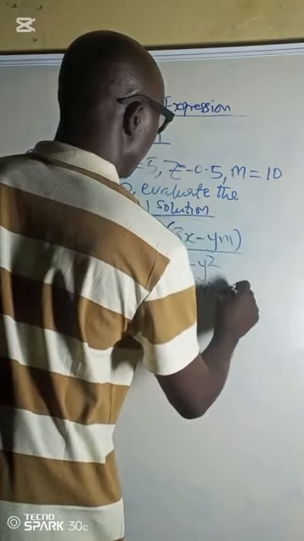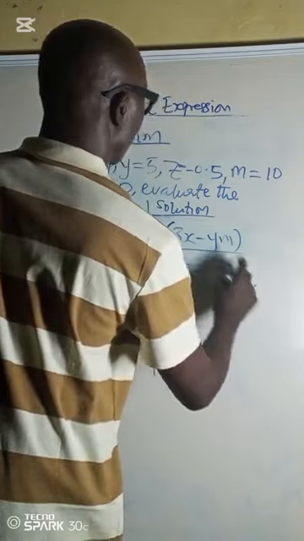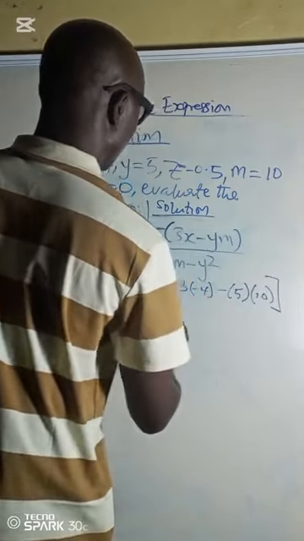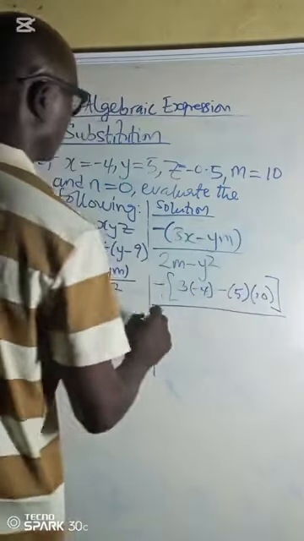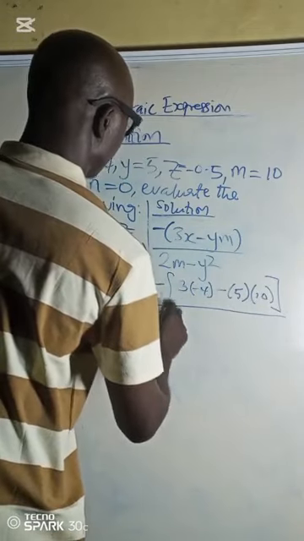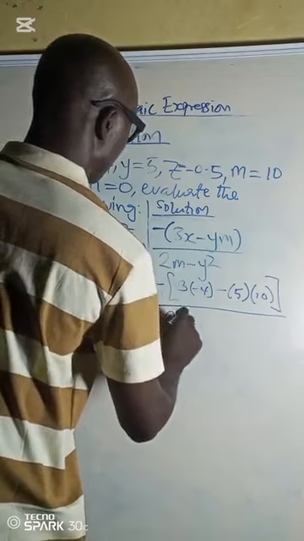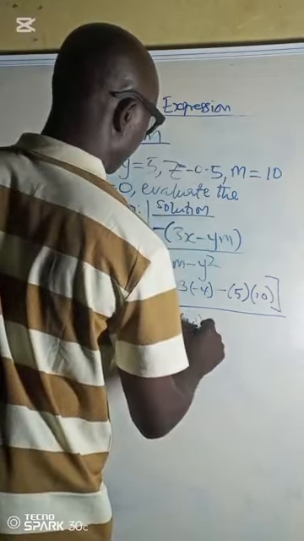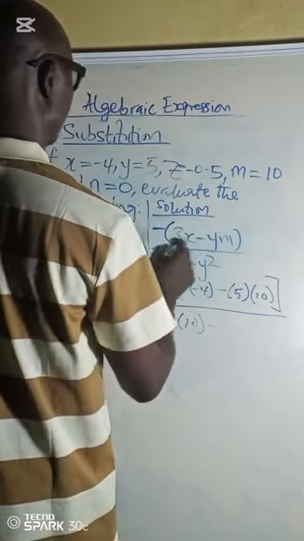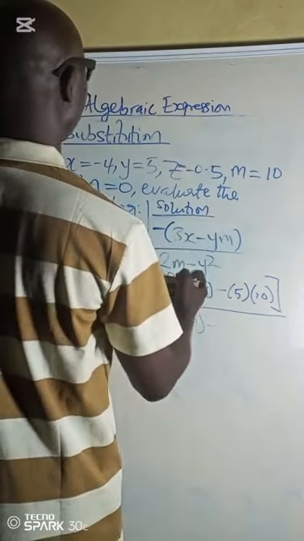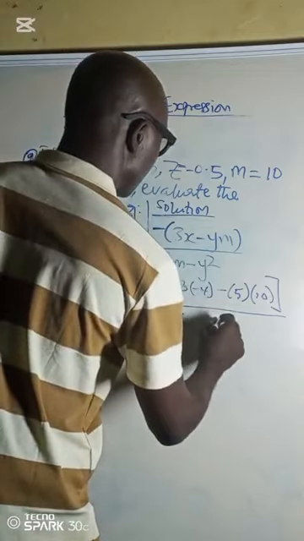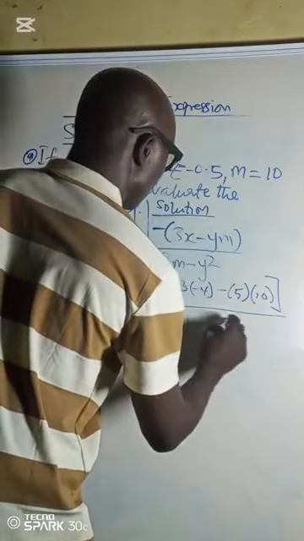Y is 5. And n is 10. Then don't forget the big brackets. We have 2n here. What is n? N is 10 minus y is 5, but it is y 5 square.